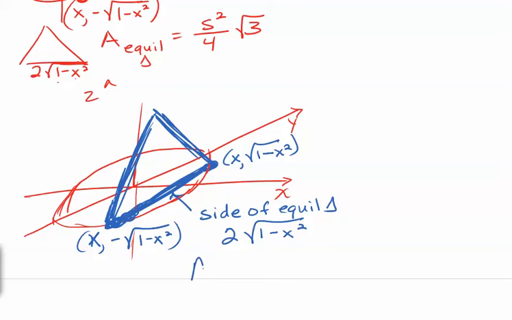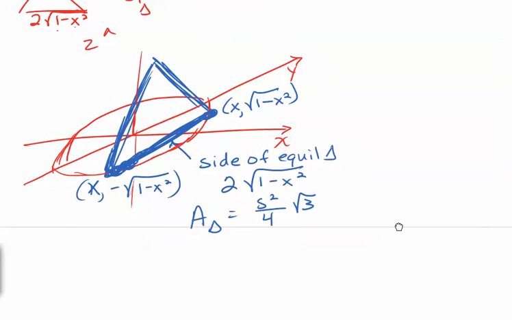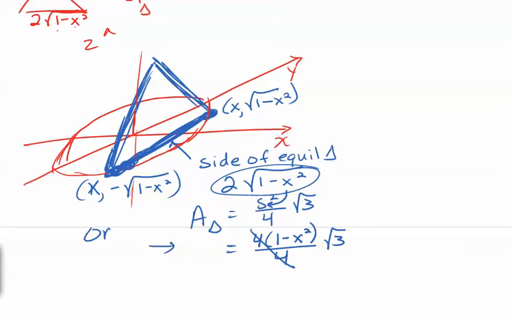The area of the equilateral triangle, if I use our side squared over 4 times square root of 3, just to do some preliminary work here, I'm going to square this side length, so it would become 4 times this value, and then we could cancel those two 4's. I simply put this side length in for S. So this is the area of one cross section, the area of each cross section.